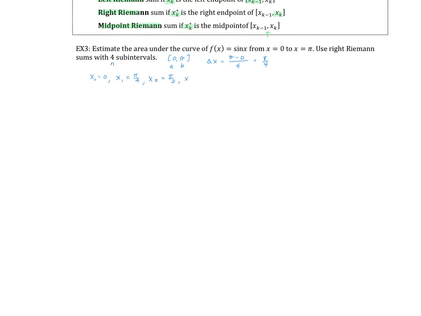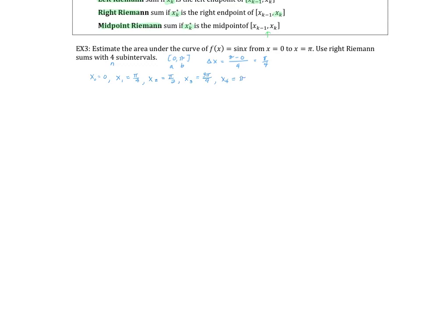And then x sub 3 is going to be pi over 2 plus pi over 4, that would be 3 pi over 4. And then x sub 4, which is my last grid point, would be 3 pi over 4 plus pi over 4, which is pi.